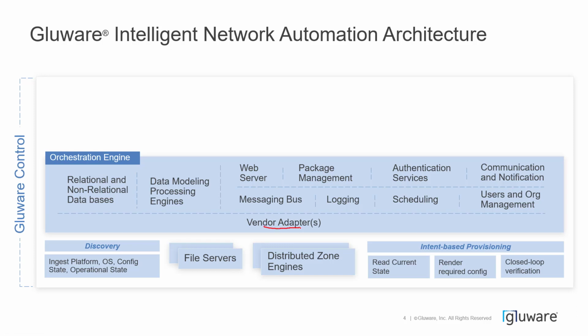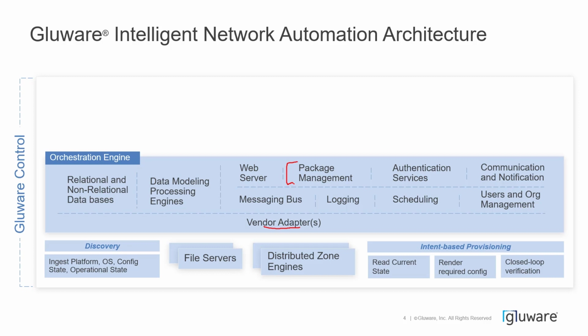The vendor adapter layer is where we teach or train our engine to understand the CLI and semantic of the underlying operating system. So once we're able to speak that language of Cisco's IOS or Juniper's Junos or Arista or Palo Alto PAN-OS or F5 and on, we teach it how to speak, and then through package management, through the various packages we load, we continue to onboard the intelligence into our system, how to inventory those systems, how to perform operating system upgrades, and how to perform configuration management.